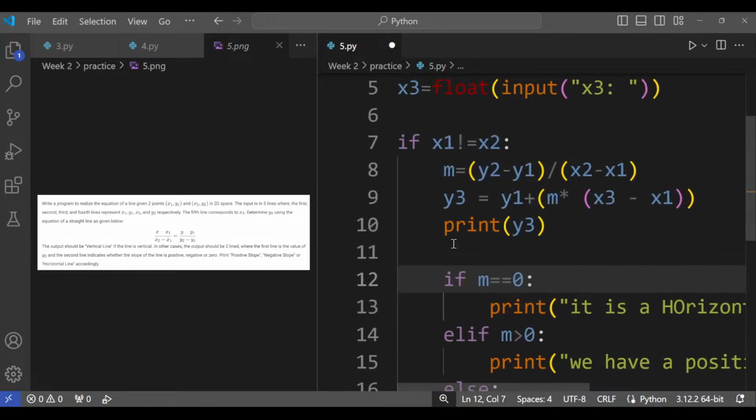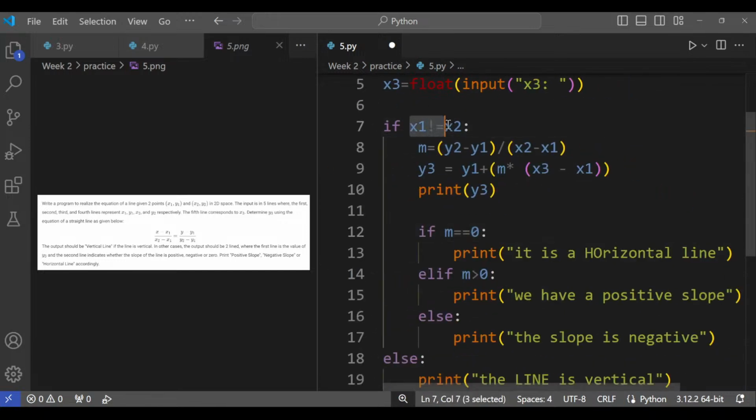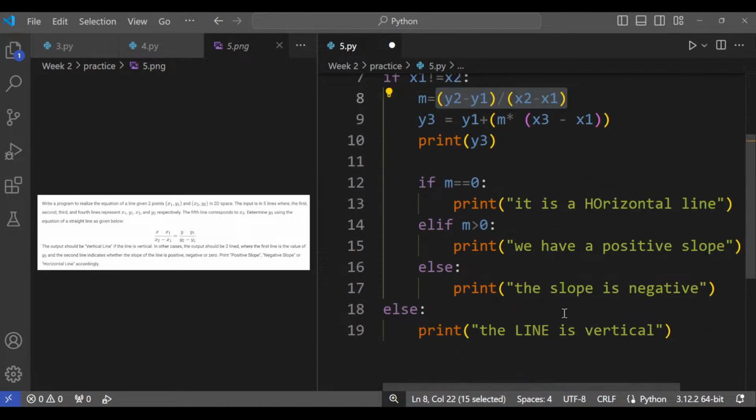The only part where you might get confused is here, x1 not equal to x2, because if x1 equals x2, we'll have x2 minus x1 equal to 0. So you cannot divide anything by 0, and this is the only part for a vertical line. So we don't want this to happen here. That happens only when the line is vertical and we handle it with the else part. So this is about the lines.